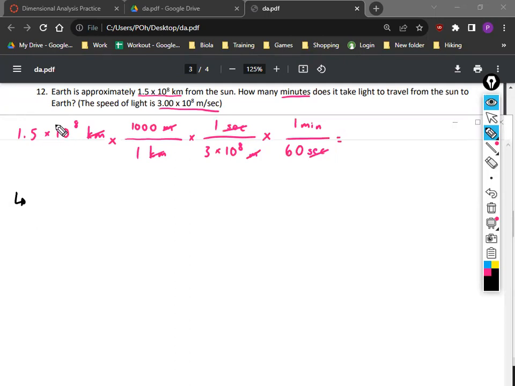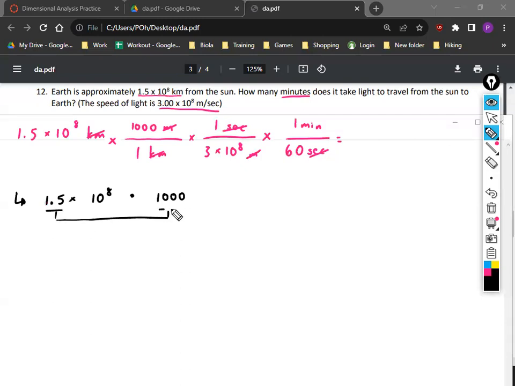I'm going to write out what we're doing down here just so you can follow along. The first thing we're going to do is multiply 1.5 times 10 to the 8 with 1,000. Now, the way that I like to think about scientific notation, the first thing you want to do is just multiply the numbers that look normal.